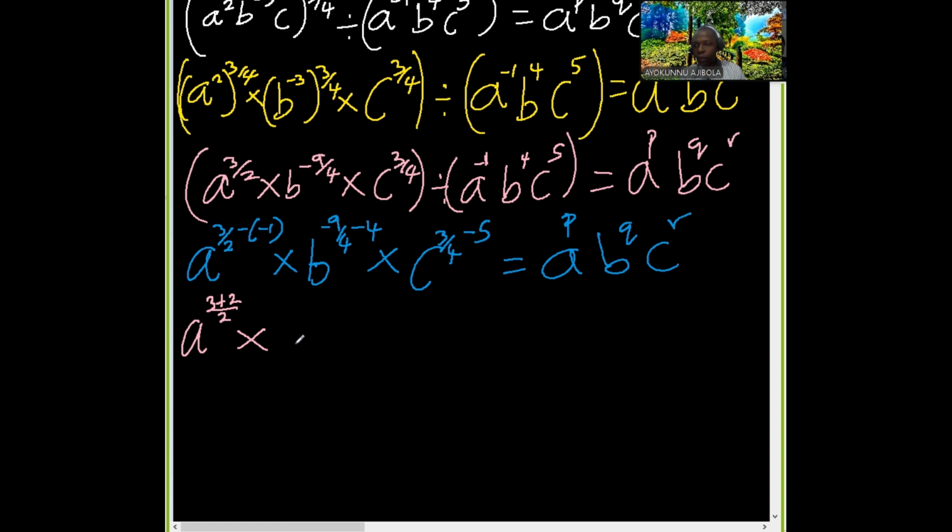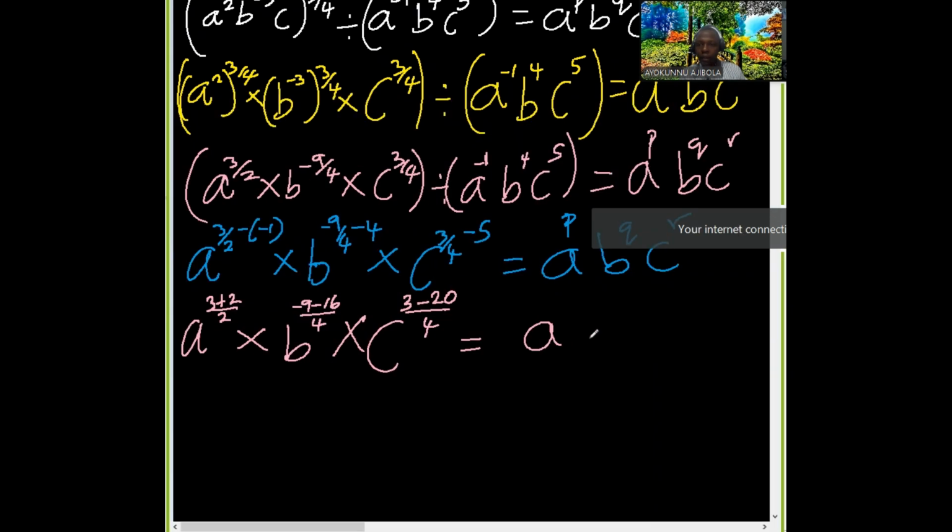Then the other one becomes b raised to power, the LCM of the powers is 4. So 4 into 4 is 1, 1 times negative 9 is negative 9. Then 4 into 4 is 1, 1 times 4 is 4, 4 times 4 is 16. So that is negative 16. Then times this also, the LCM is 4. So we have 3 minus, this is 4 times 5, that's 20, okay?